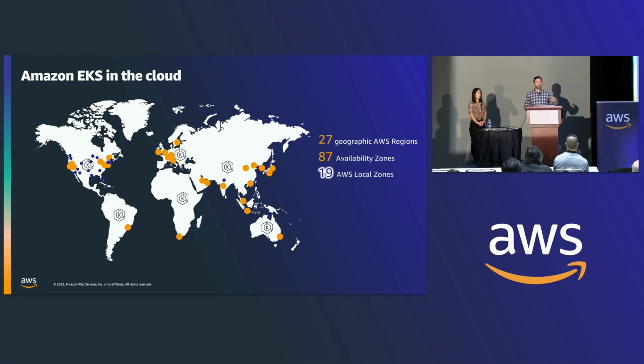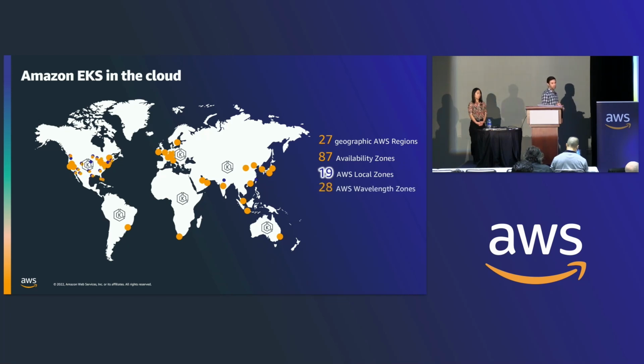And so if you do need to run in local zones, look into the various services that are available in that local zone, because you need to make sure that what your application depends on is available there. And we've really found that these local zones are a great fit for customers that have game streaming applications, telecommunication workloads like 5G core, financial services, some social media customers, as well as some customers in the public sector.